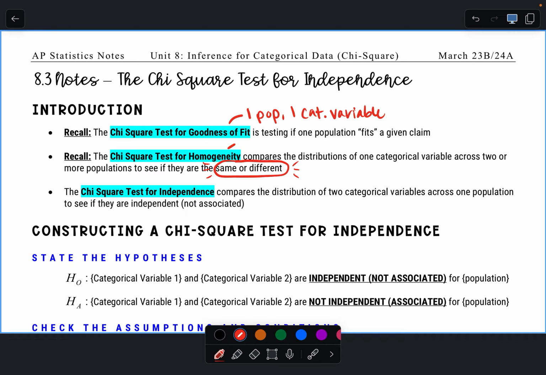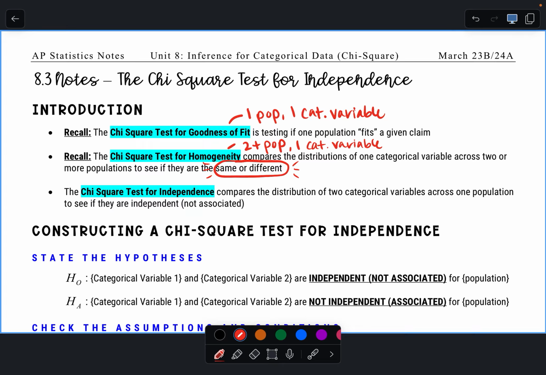This is going to be for 2+ populations, so 2 or more, and it's still going to be across one categorical variable. So if I'm interested in different grade levels, freshmen, sophomores, juniors, seniors, and I go out and I sample 50 freshmen, 50 sophomores, 50 juniors, 50 seniors, that is checking my box for 2+ populations.